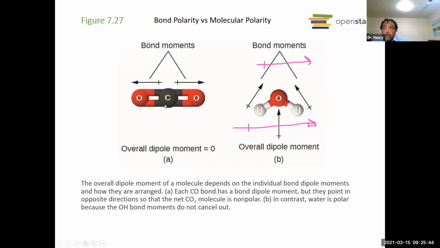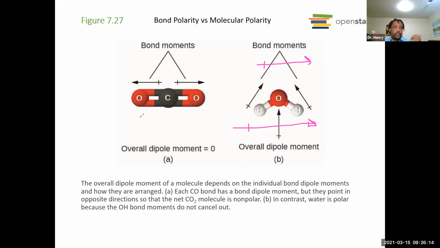We have carbon dioxide. Well, they're both being pulled towards the oxygen in both situations, right? The electrons are being pulled towards the oxygen, so they're both being pulled evenly towards the oxygens. So neither of them is going to be favored. The overall dipole moment is going to be 0 because you have pull going in opposite directions, and neither is pulling more than the other because they're both oxygens.